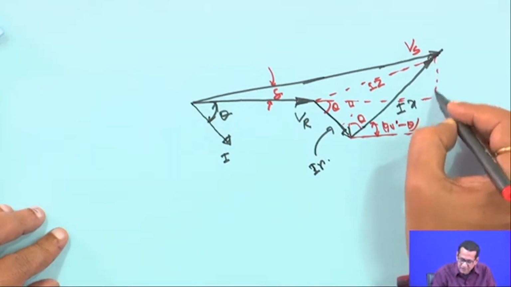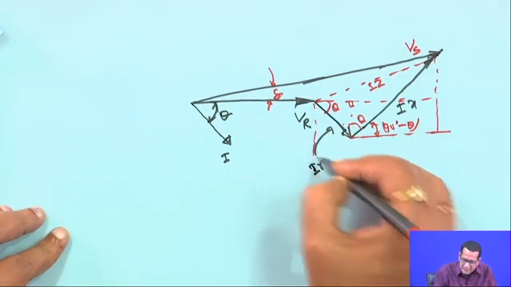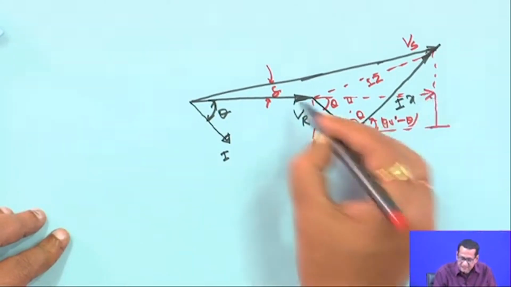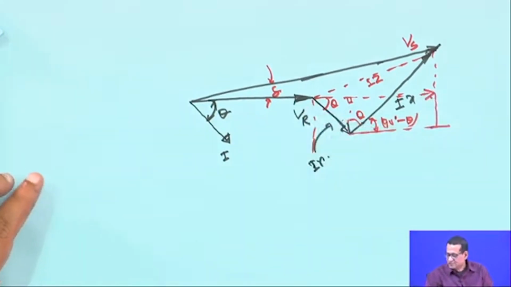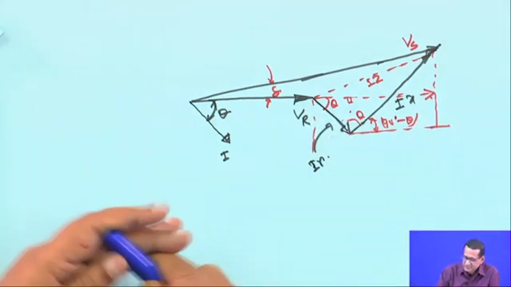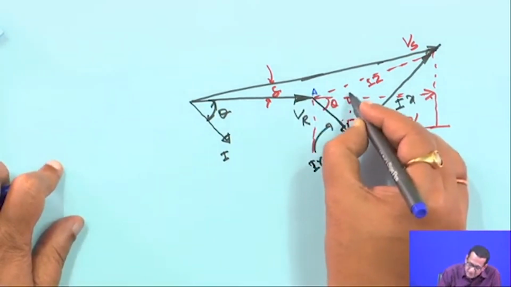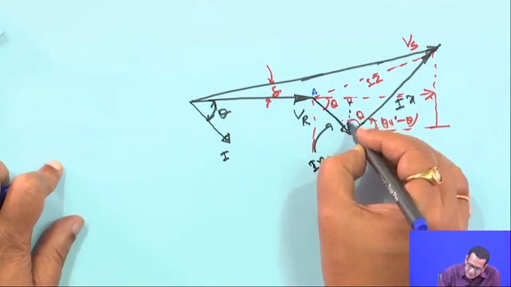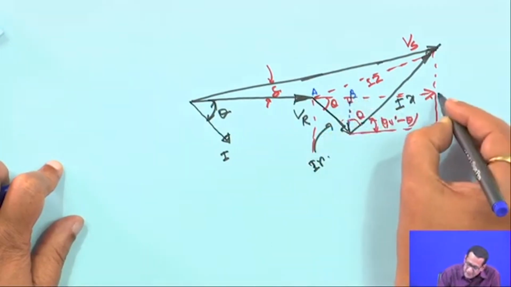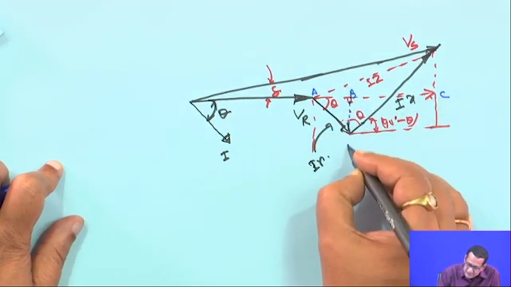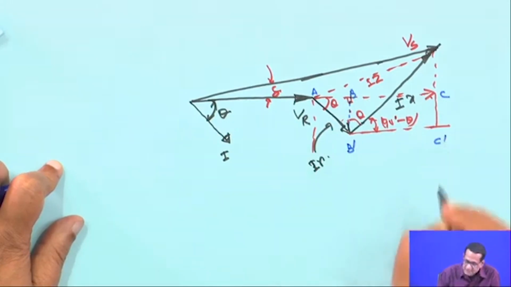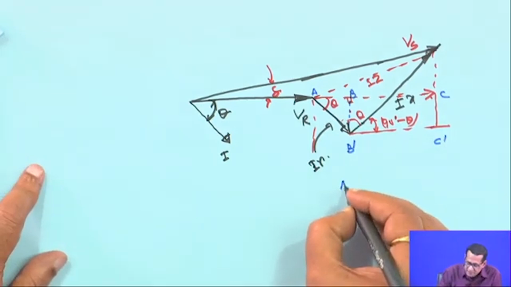And if you draw a vertical line on this figure, let me write down this equation. This point is A, this point is B, suppose I am drawing a vertical line from here, and this point is C. That means this is B dash, this is C dash. Therefore, what is AB?